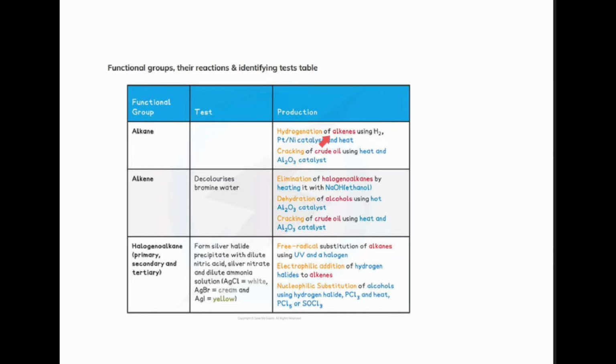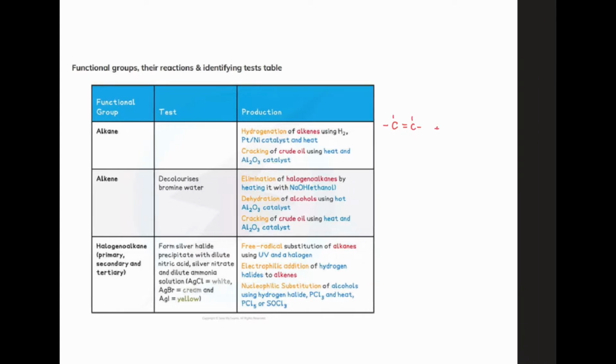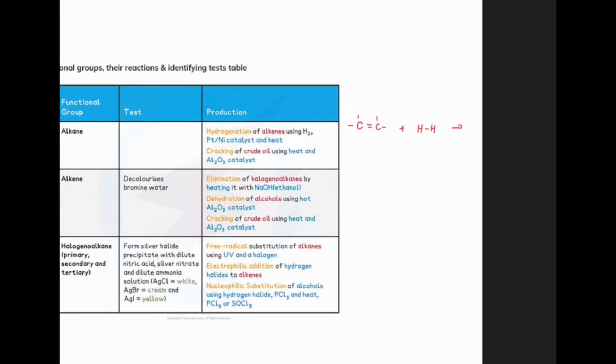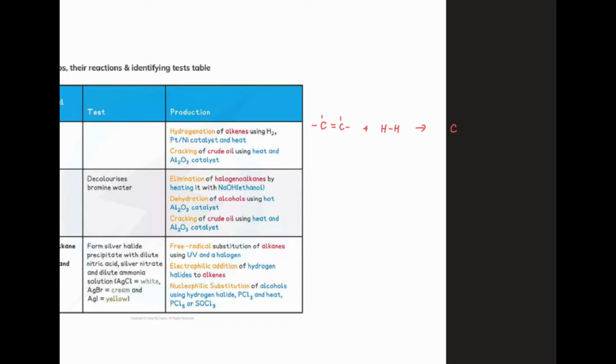We can do hydrogenation of alkenes using hydrogen gas with a platinum or nickel catalyst, and then you heat. So it's basically something like this: C=C double bond plus hydrogen gas, and the hydrogens go to each of the carbons with the double bond, and then we get alkane.